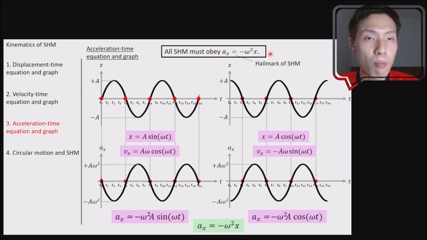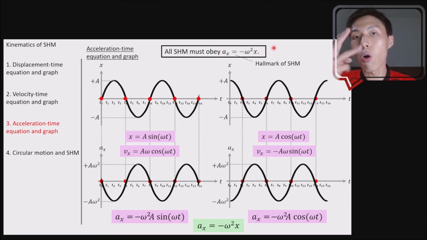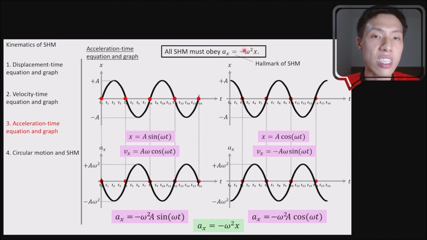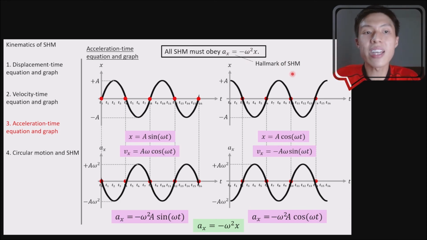That's why this equation is important and called by the name the hallmark of simple harmonic motion, or it's the equation that represents simple harmonic motion. That's why they call it hallmark. Okay, so that's a little bit of discussion for how to relate between acceleration and time using graph and equation.